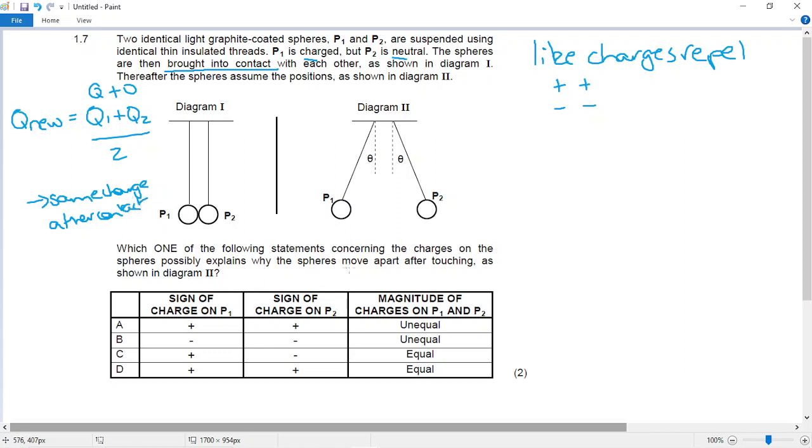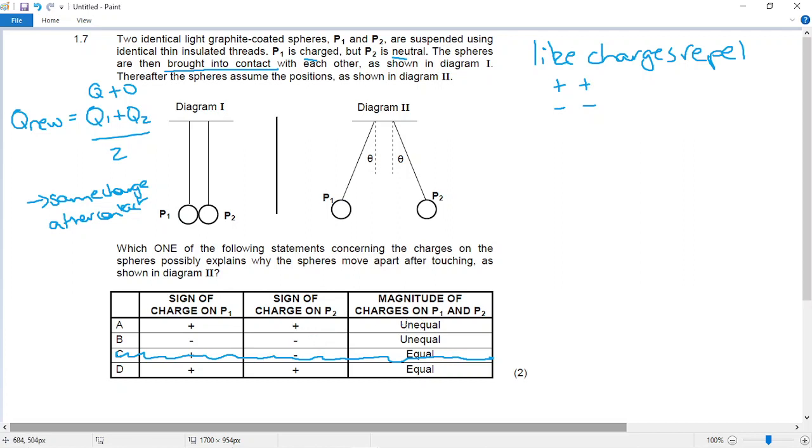Which one of the following statements concerning the charges on the spheres possibly explains why the spheres move apart after touching? So we are immediately going to rub out any answer that has the spheres having a different charge. So we are rubbing out that answer immediately. We don't know what the initial charge was, so we can't say if it's positive or negative.